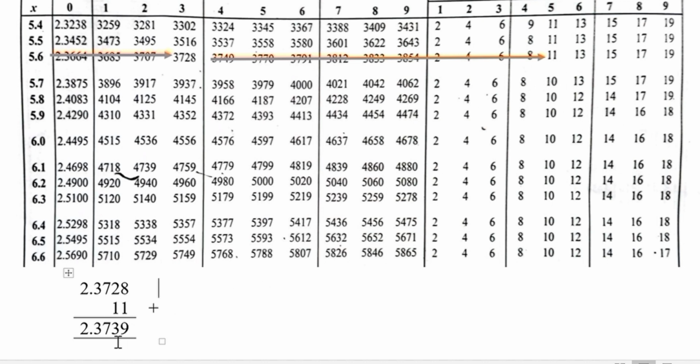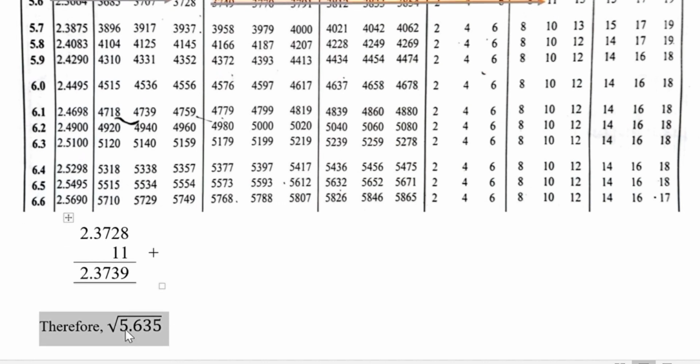It's actually 0.0011. So we write it at the extreme right, like I've done here. That gives us 2.3739. So that means that the square root of 5.635 is 2.3739.